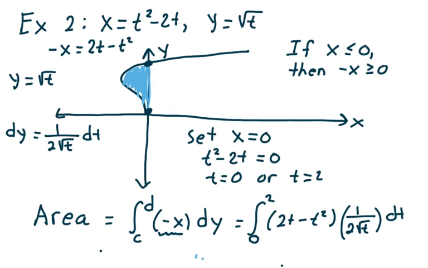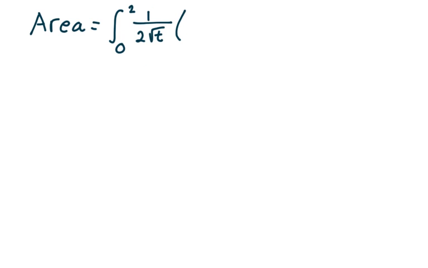So let's rewrite that. The area is the integral from 0 to 2 of 1 over 2 square root of t times 2t minus t squared dt.